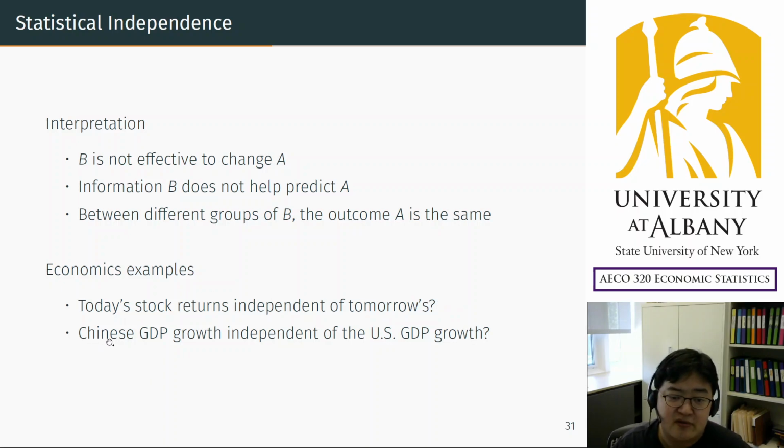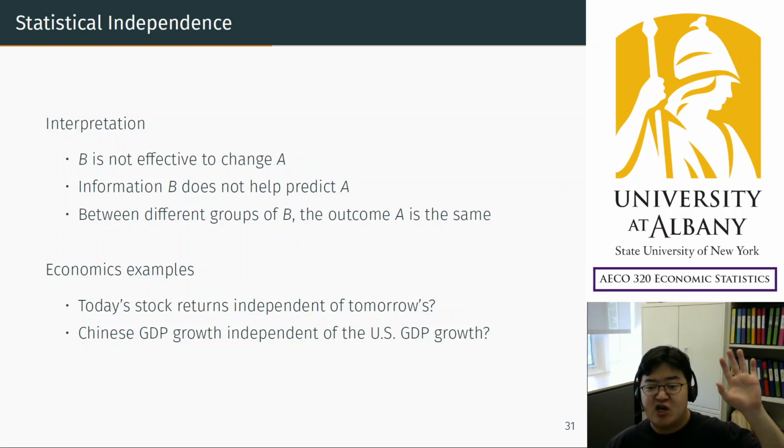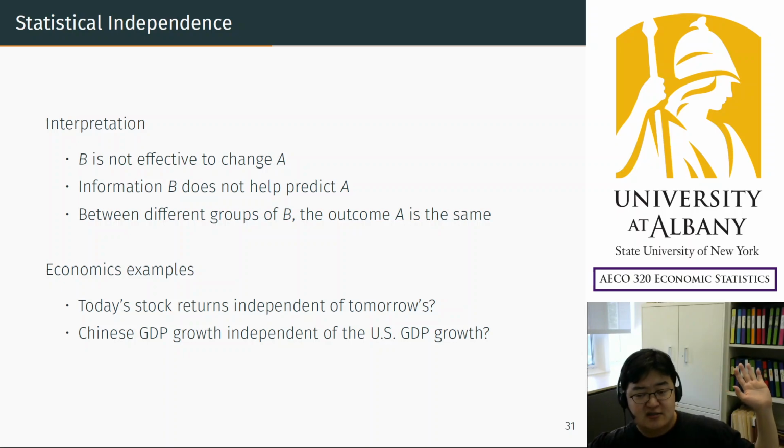Now another example: is the Chinese GDP growth rate independent of the United States GDP growth rate or not? If yes, then predicting Chinese GDP growth does not help in predicting US GDP growth, right? Or if China and the US are independent economically, then you can diversify your assets across China and the US, right?